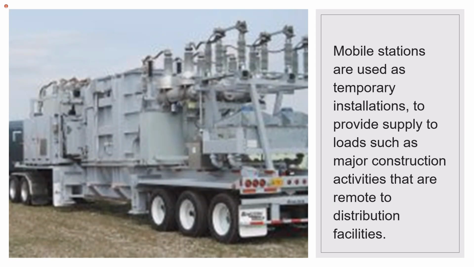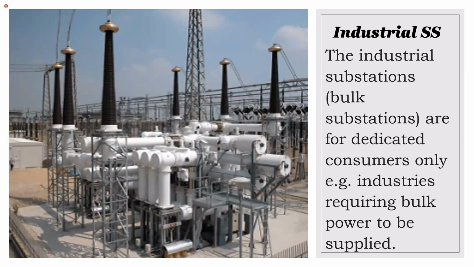Also, we have industrial substations. Okay. Now, again, this is not what it has to look like, but this is one. It would look no different from another substation, a distribution substation.